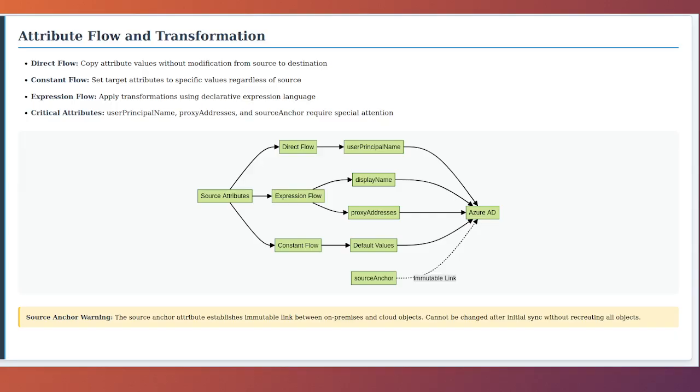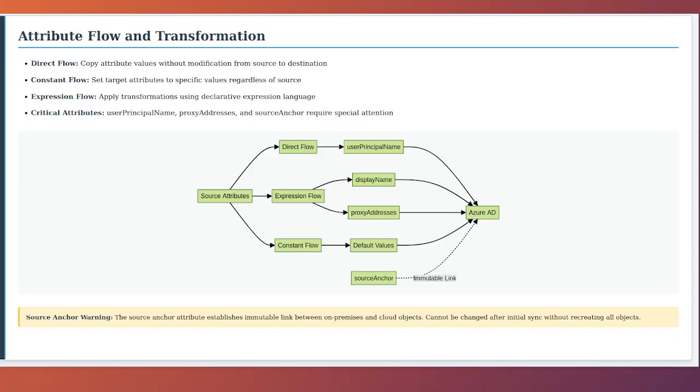If there is a mismatch, you need to implement a transformation rule to construct a valid UPN using a verified domain suffix. The proxy addresses attribute contains email addresses and aliases for the user and must follow specific formatting rules, with each address prefixed by its type, such as SMTP for primary email or smtp for secondary addresses.